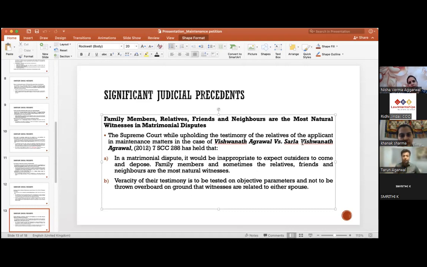In that situation also, as long as she has not remarried, or she has not gotten a job, or she has not left the house for her own faults, she will be able to get the maintenance. So there is no requirement as such of judicial separation or divorce.